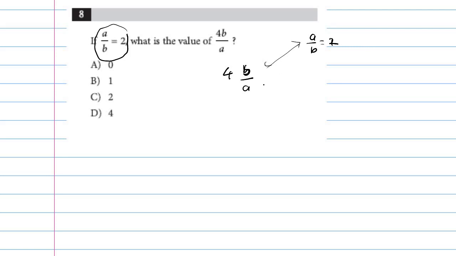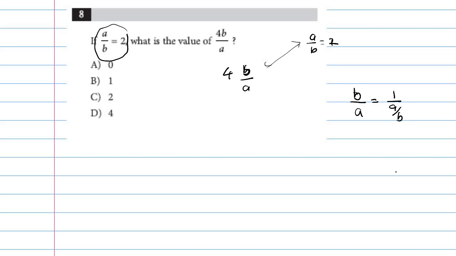So if you look closely, one important fact in algebra is that b over a is the same thing as 1 over a over b, right?